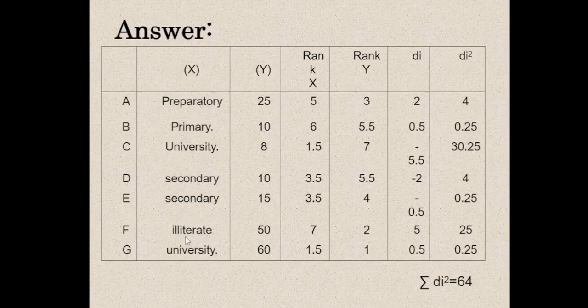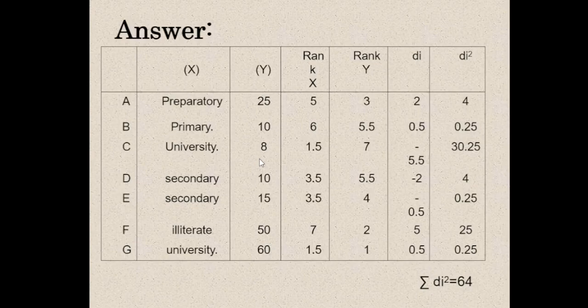Here we look at education, so what is the highest education? By seeing you can tell that university is the highest education. But what's the problem? Two people have the same level of education, so both would be provided rank 1, but how do we provide the same rank to them? Giving one rank 1 and the other not is not possible. What do we do?